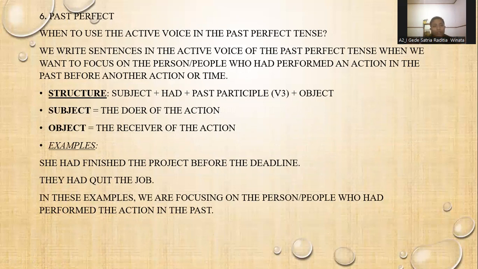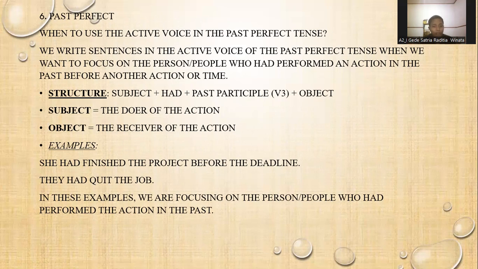When to use the active voice in the past perfect tense? We write a sentence in the active voice of the past perfect tense when we want to focus on the person or people who performed an action in the past before another action or time. The structure: subject plus had plus past participle plus object.